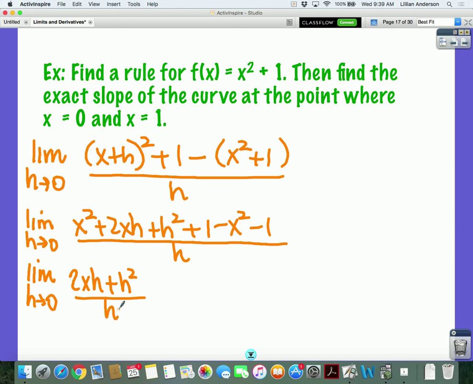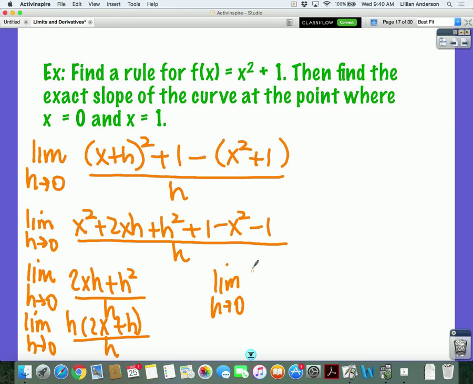Okay? Now from this point, what can we do? Factor out that h. Very good. So you'll have h parentheses 2x plus h all over h. What can I do from here? Cross out the h's, so I'm going to be left with the 2x plus h.